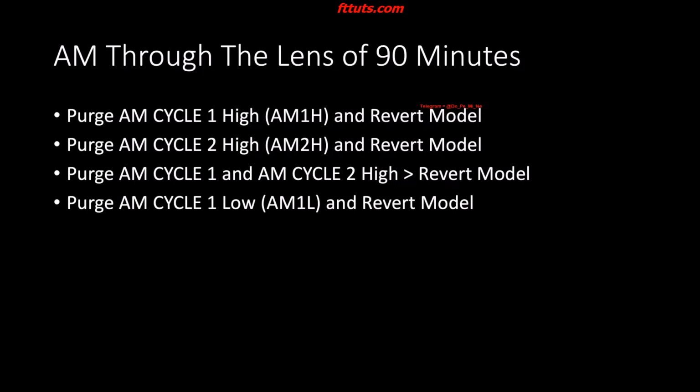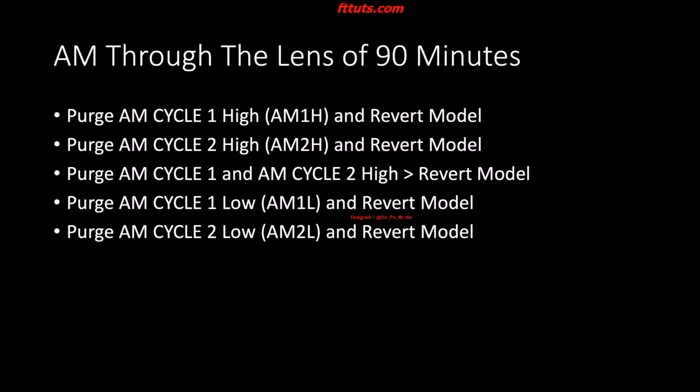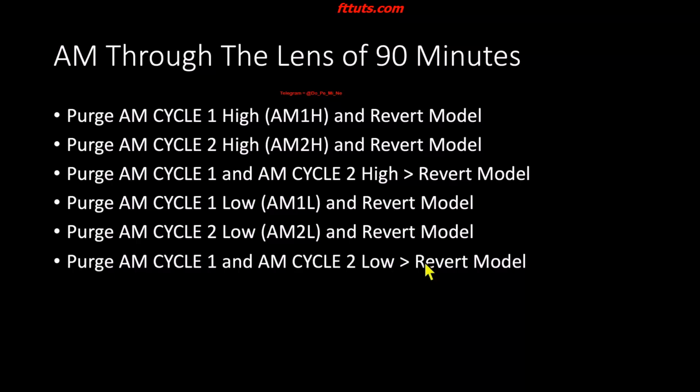We will then be looking at the purge of the AM cycle 1 low and a reversal model, and then a purge of the AM cycle 2 low and a reversal model, and finally a purge of both the AM cycle 1 and AM cycle 2 lows and a reversal model.